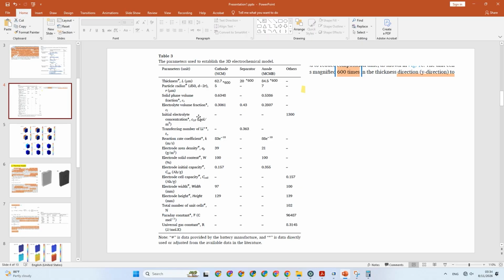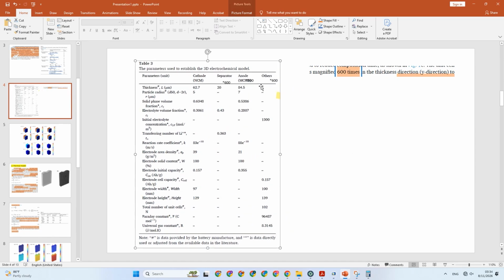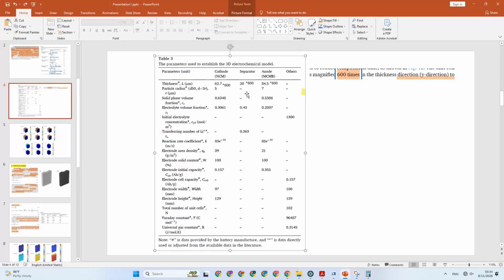Okay, I continue. Oh, excuse me, it must be there. Okay, now I just add the data. For example, initial, this is not important. Transferring number of lithium is 0.36.